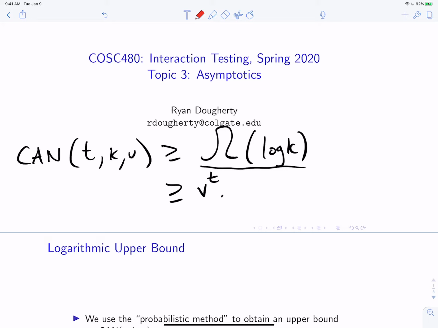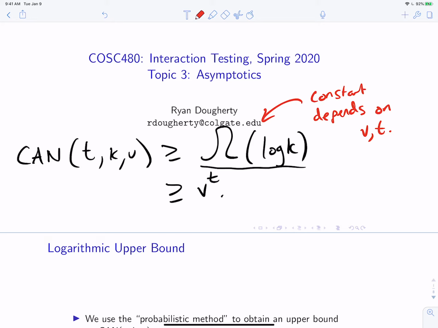No. So in fact, the constant that's hidden inside there depends on v and t. It would actually be an interesting project to determine, at least with some certainty, what the constant actually is, because there's been quite a bit of work on what the constant is for specific v and t.